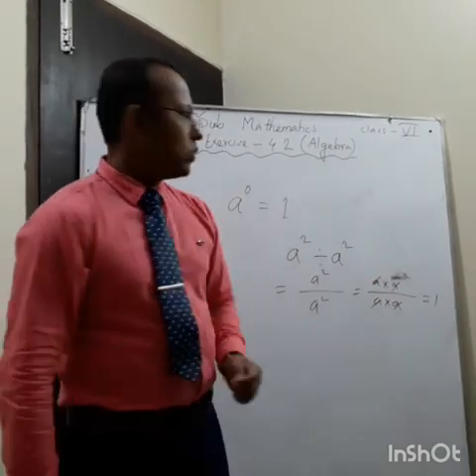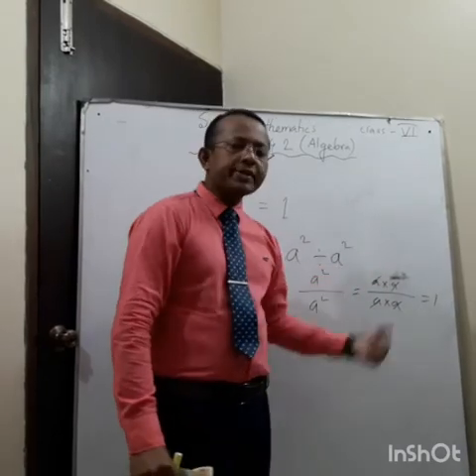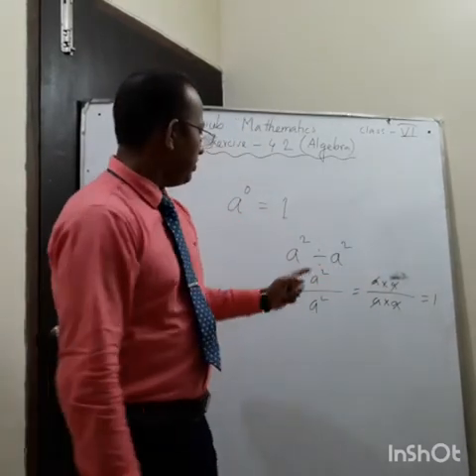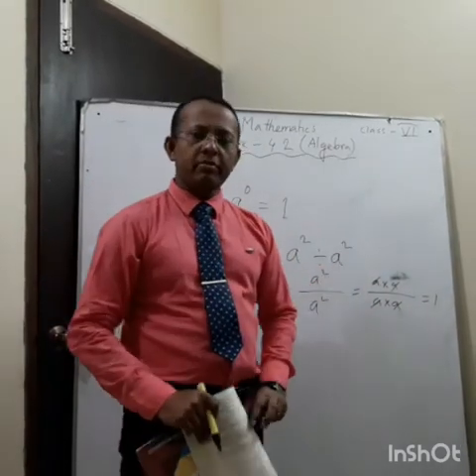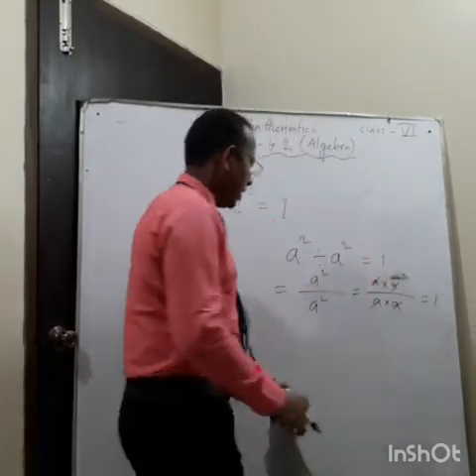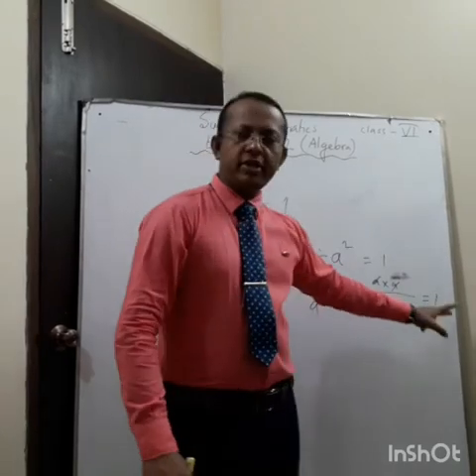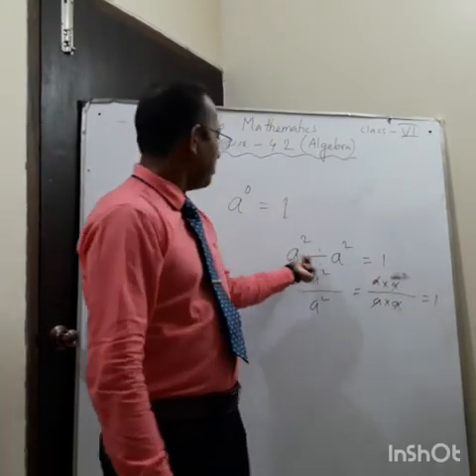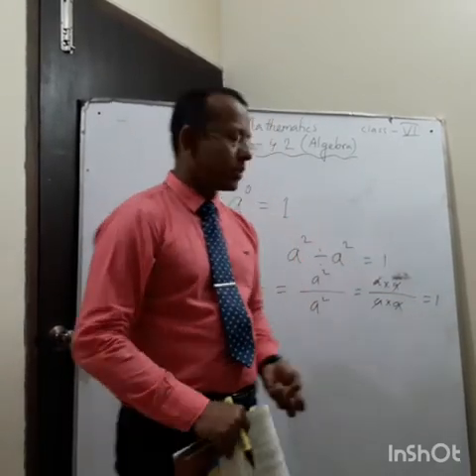Simply, if the dividend and divisor are the same, then the quotient is 1. And this is the explanation. We get a square divided by a square equal to 1.